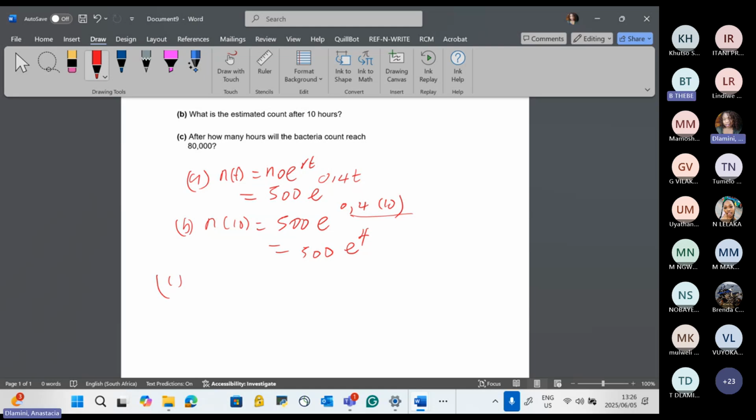And in your assignment, they gave us N of T. Wait, guys, what happened to that 4 to the exponent 10? Is it exponent 10 or is it times 10? What is going on there? We multiplied 10 by 0.4.